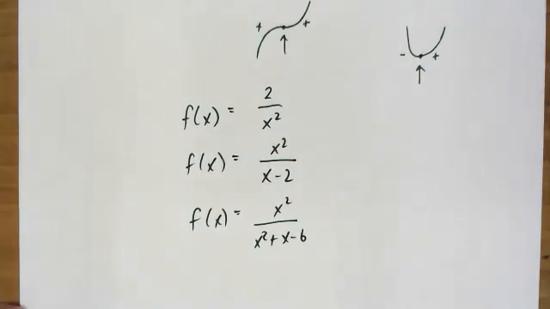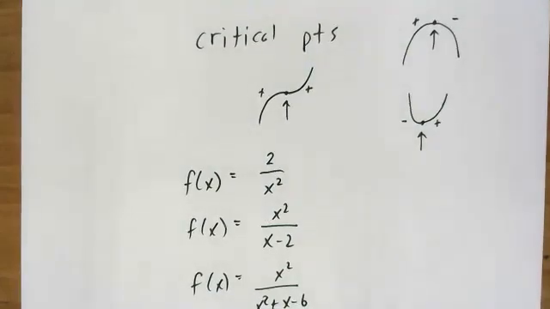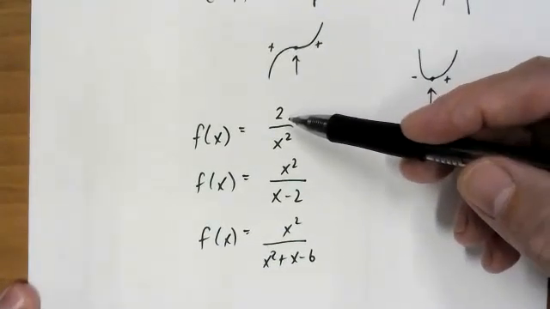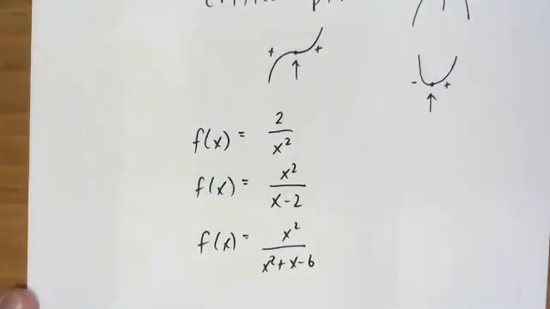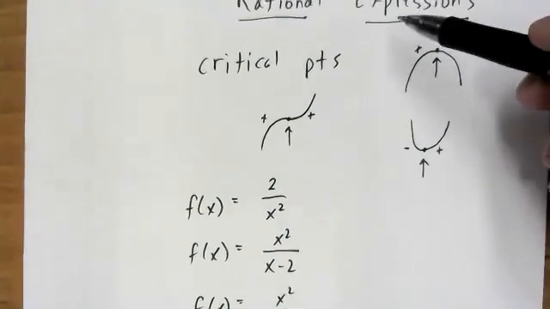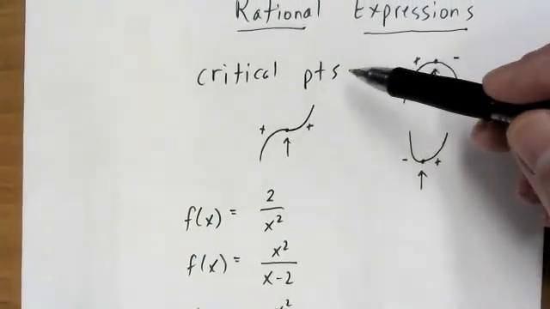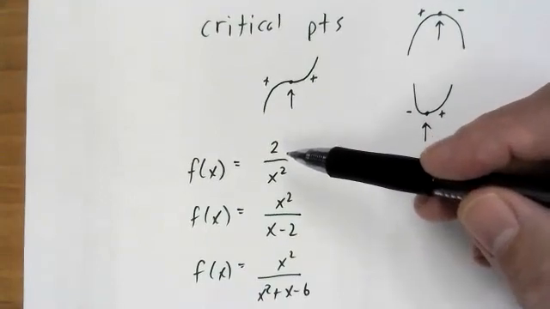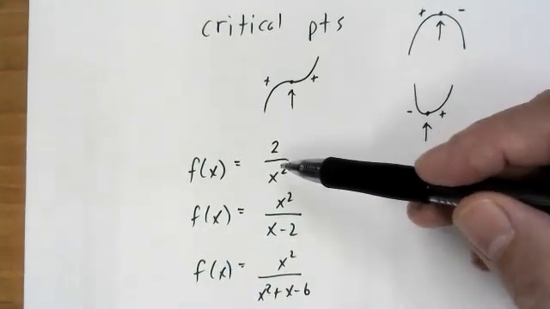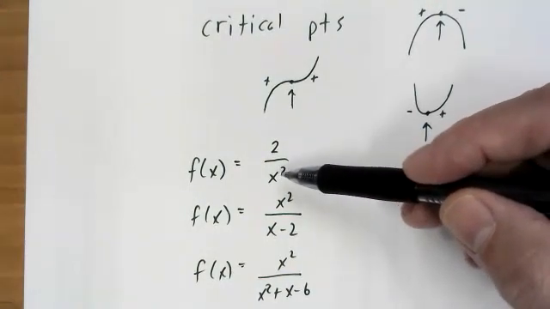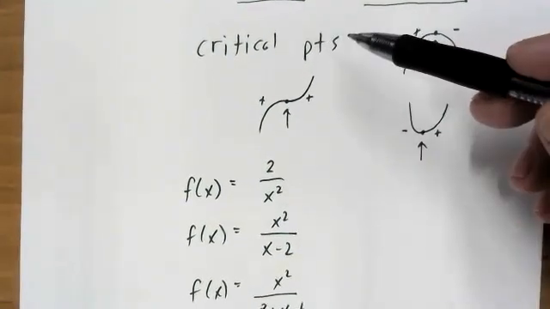So there's an extra step when we look at the first derivative with these kinds of rational functions. We actually do go find their critical points. So we are going to take the first derivative of the function and set it equal to 0 and solve for it, and we will find critical points.